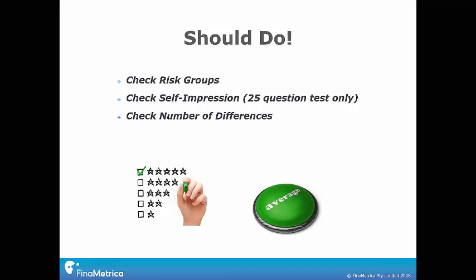Scores that tend to fall at either end of the risk group spectrum tend to have more differences than those in the middle. For tests with 8 or more differences, this shows a lack of consistency in financial matters. It is not a negative characteristic. Some people are just less consistent than others. But it's definitely helpful for both the client and the advisor to have discussed this openly and identified it.